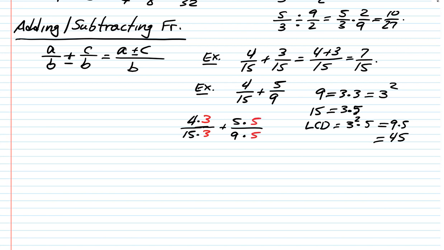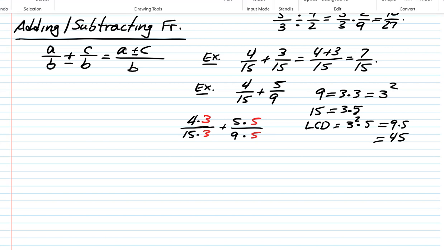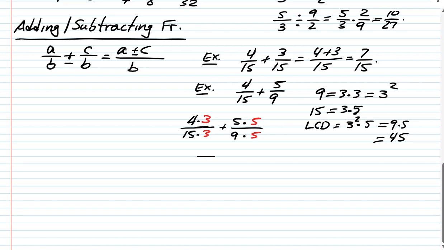Note the denominators each are now 45, so we can add. Our common denominator is going to be 45. 4 times 3 is 12, plus 5 times 5 is 25. And the total is 37 over 45. And there is the answer to this addition problem.